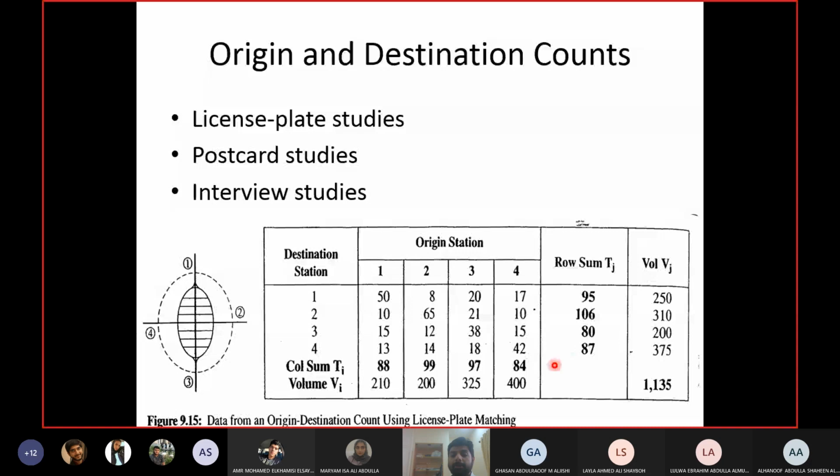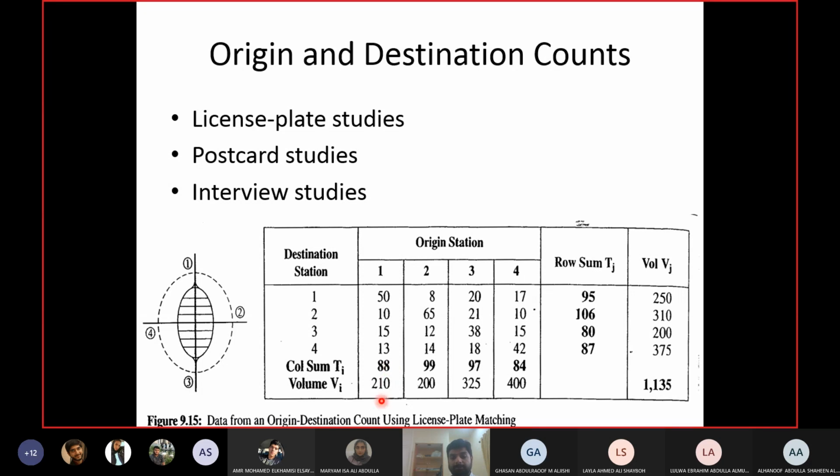With the new summation, you will calculate new adjustment factors. Instead of 95, you will have a new value. Then you will divide 250 by that new value, and you will get a new adjustment factor for the first row. Similarly, instead of 88, you will have a new summation. You will divide 210 by that new value and you will have a new adjustment factor.